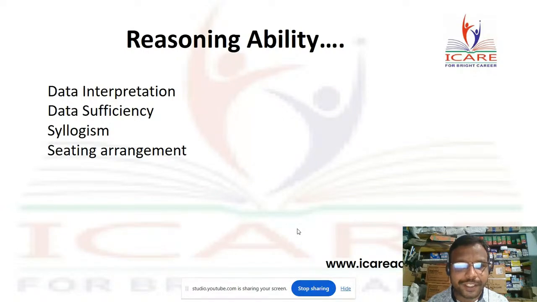Then data sufficiency, which may be related to blood relations, seating arrangement, time and work or directions. From any topic, there is a chance to ask questions from data sufficiency. 5 questions guaranteed, and syllogism and seating arrangement, 5 questions from these two topics, but a total of 15 questions are there.